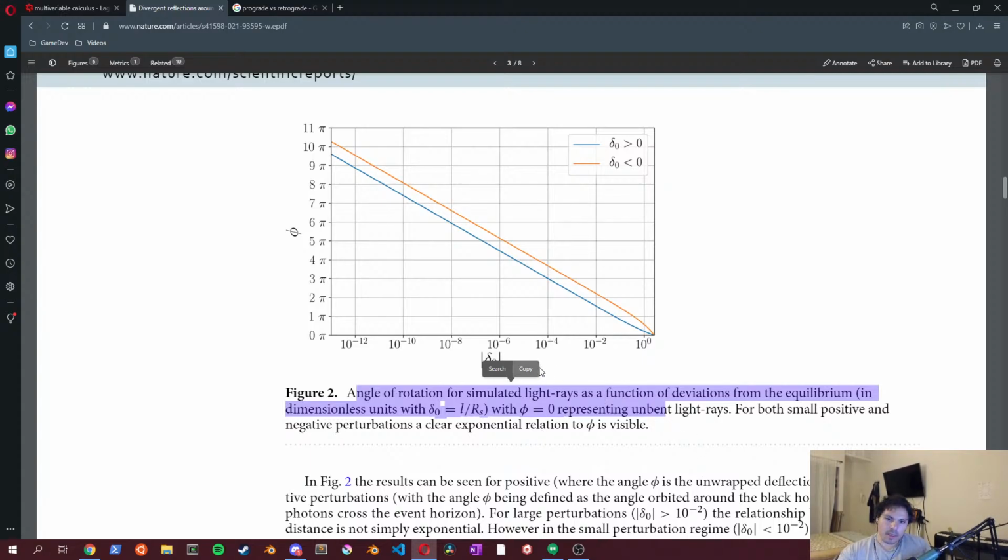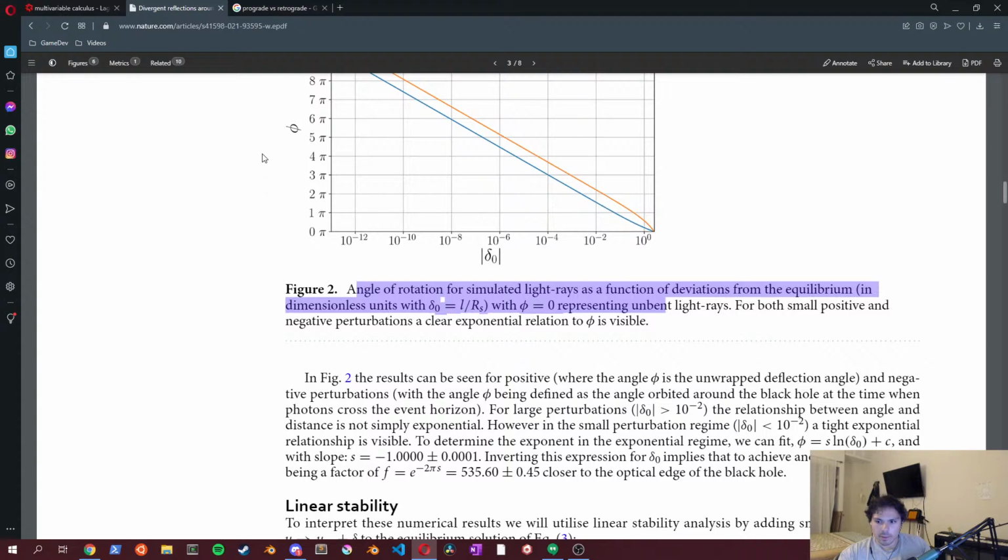For both small positive and negative perturbations, a clear exponential. So they're just saying that this is a log plot on the x-axis and a linear plot in phi. So when you have a straight line here, that means that D0 is some exponential of phi, I guess, right?